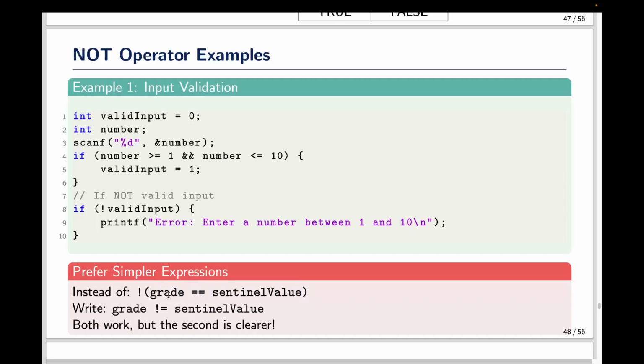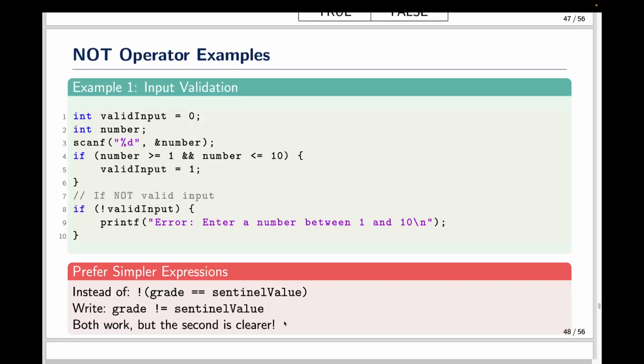Because if grade is equal to a and the sentinel value is also made equal to a, and instead of putting in a you put b or something, then it will exit at everything. So that do while loop will be out of the loop without running over there. So it is better that you use grade not equal to the sentinel value, then complete the loop or repeat that loop.